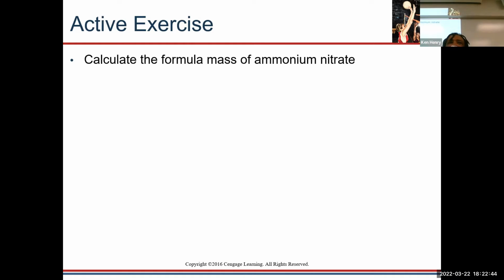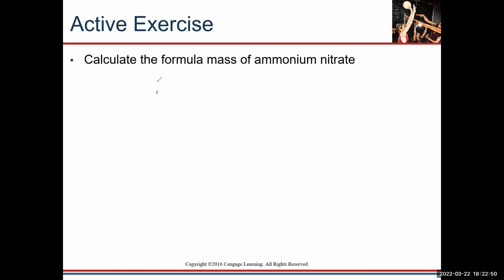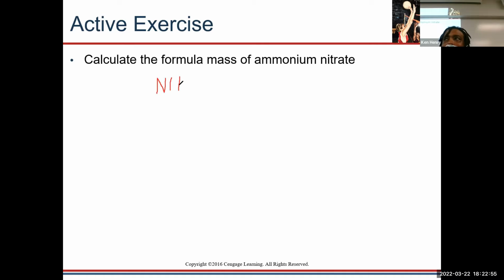So what is the chemical formula? NH4 for ammonium, and NO3 for nitrate. Good job.